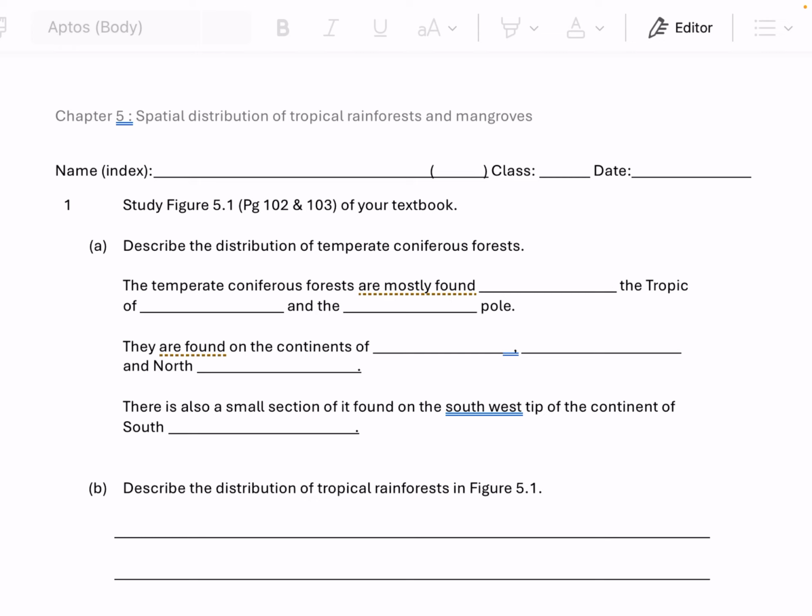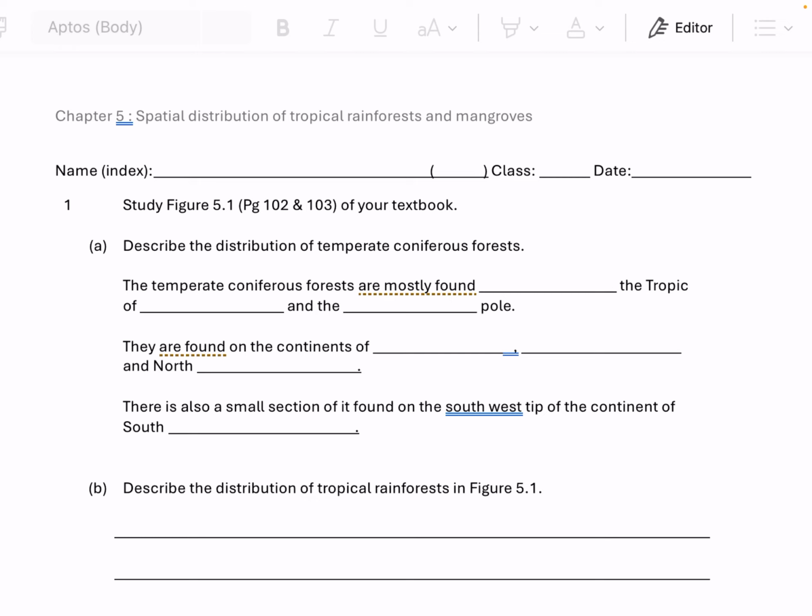But this little bit that's found at the southwestern tip of South America doesn't conform to our initial statement of general latitude boundary. It is not above the equator, it is not above the Tropic of Cancer. It is actually below the Tropic of Capricorn. So this is something that I would use as a way to highlight an anomaly.